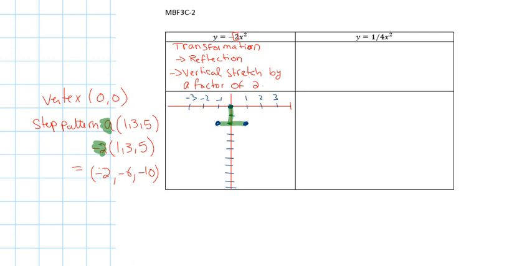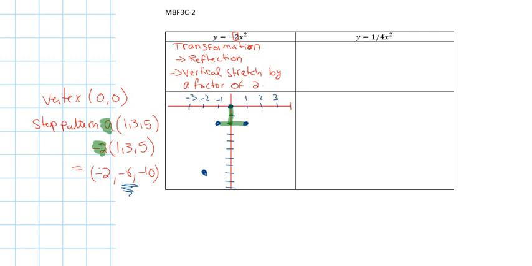6. So that's 1, 2, 3, 4, 5, 6 over 1, right? I can erase this. I don't need all of this. This is just for you to know how many I went down. Same with this point.